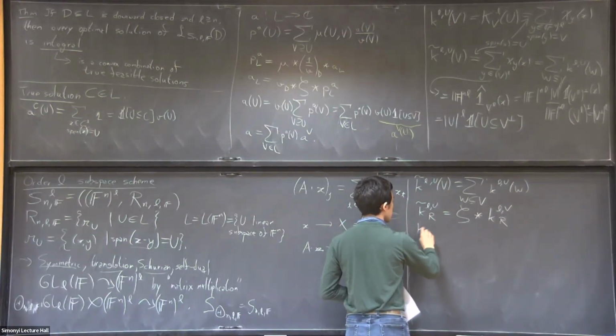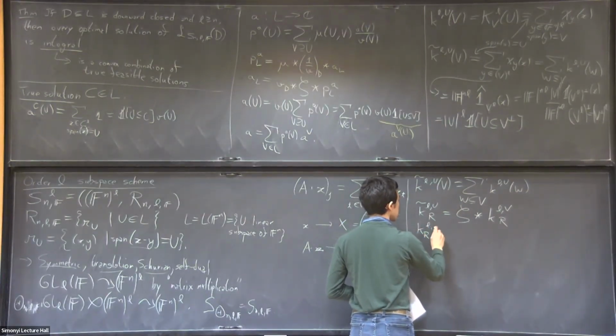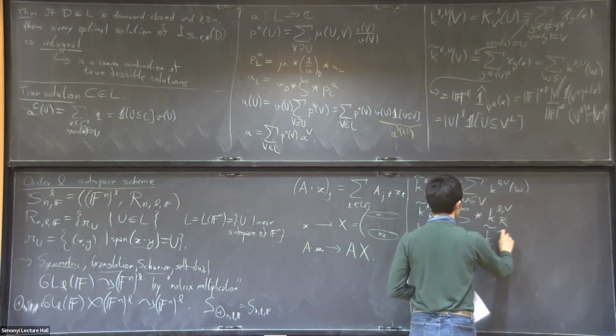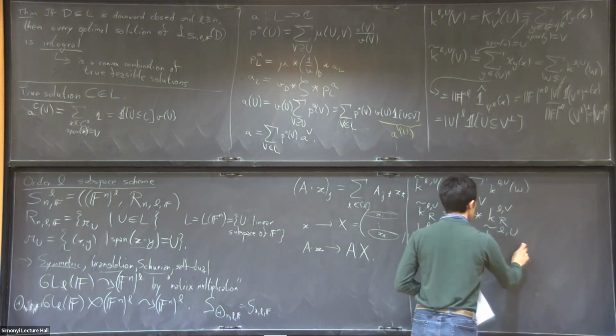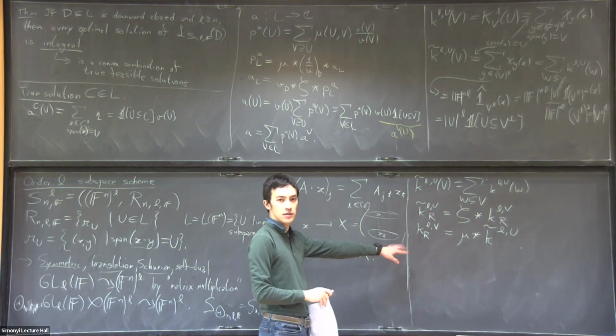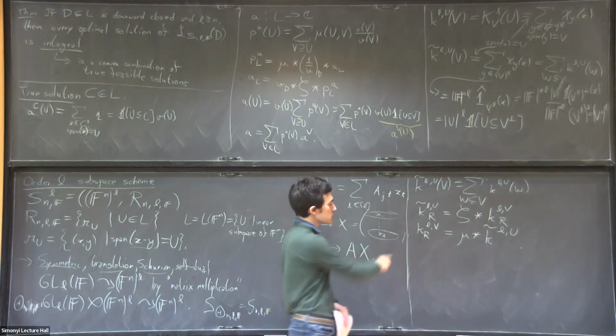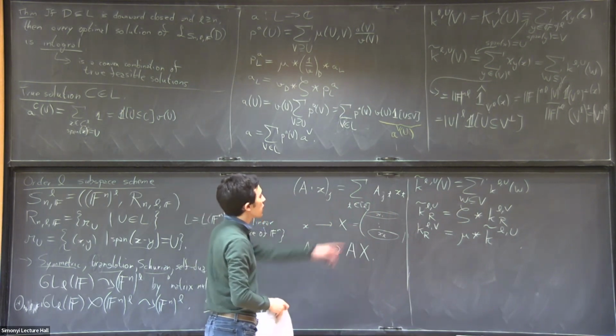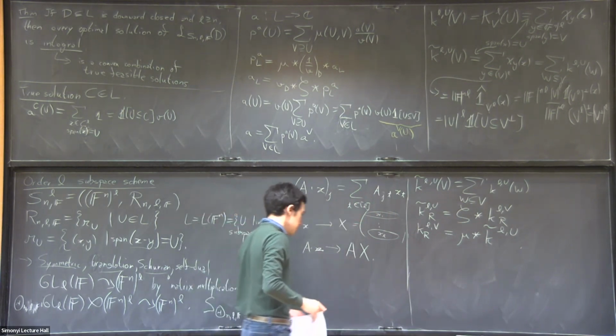So KR LV is equal to mu star. So if you wanted to know what was the projection of the original one, you can just follow this formula. But now we'll mostly be working with K tilde.